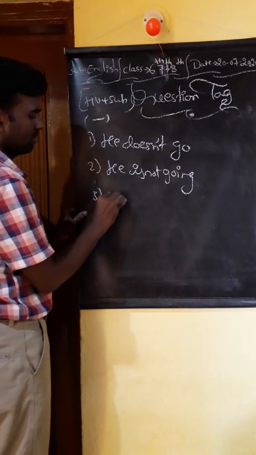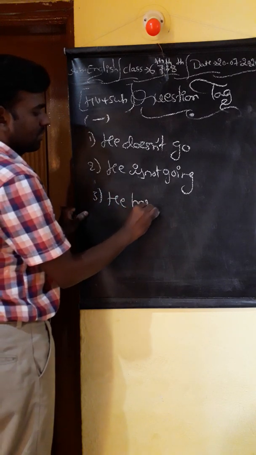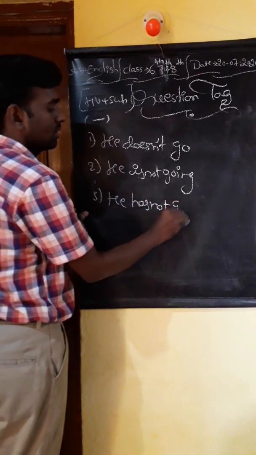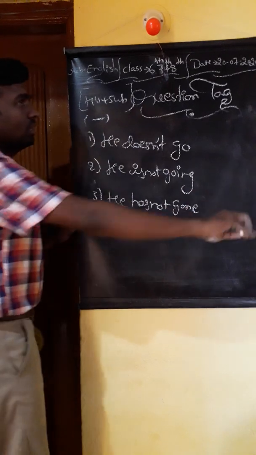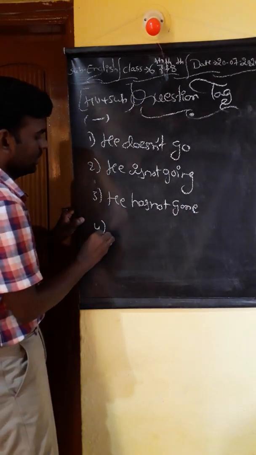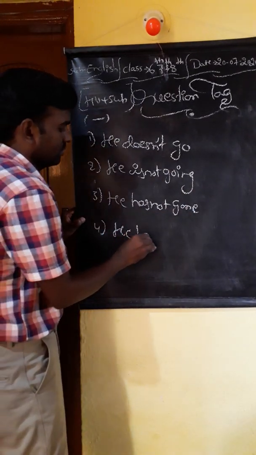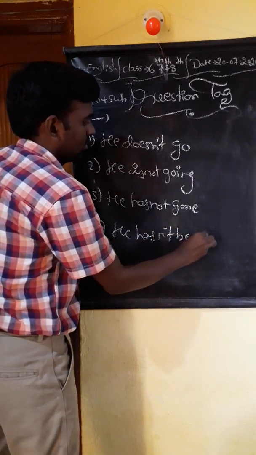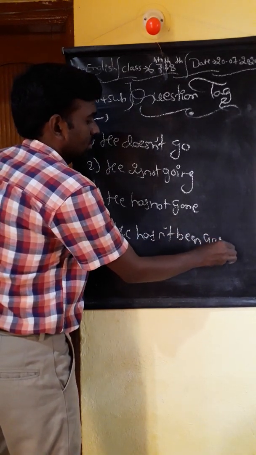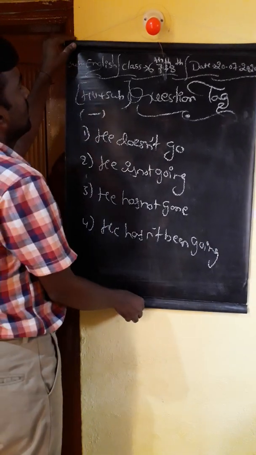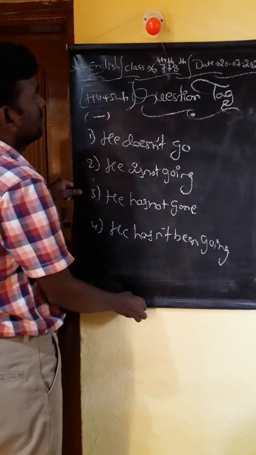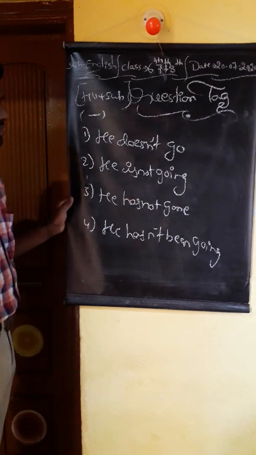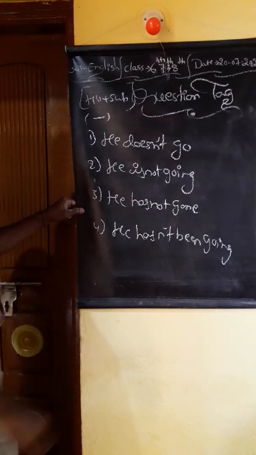Third one is he has not gone, and fourth one is he hasn't been going. So again, as I told, for negative statements also we can apply the question tag.